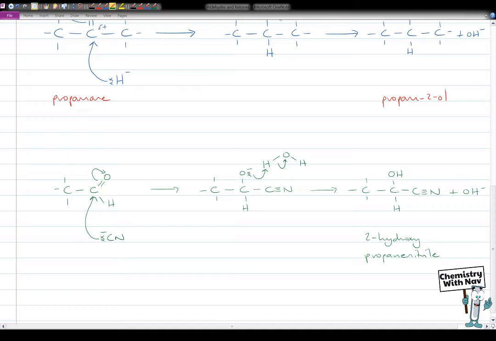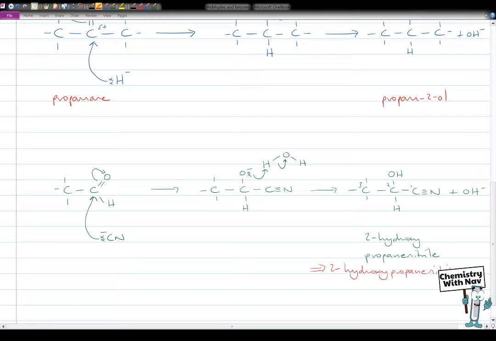So always make sure you count the total number of carbons. So 1, 2, 3. So now I put those two together, and I have 2-hydroxypropanenitrile.